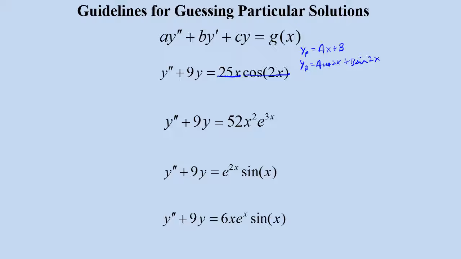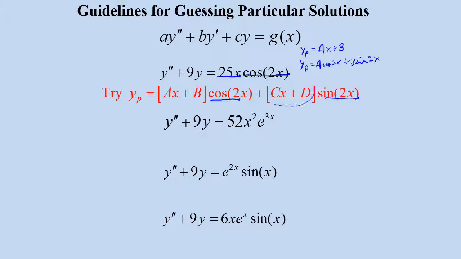Well, what we're going to do is simply put these two together and have this. Now notice here we've got the cosine 2x and the sine 2x. They each have coefficients here that could be different, and we make provision in those for the ax plus b and cx plus d.